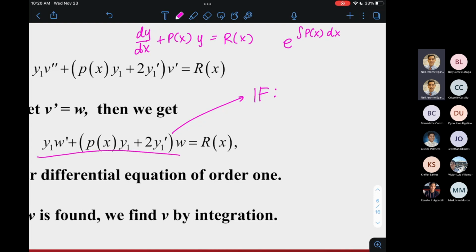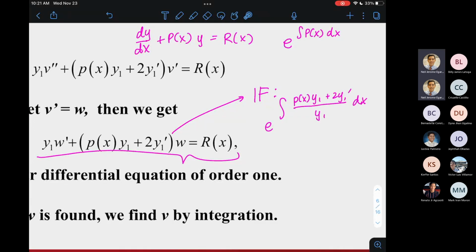Now, if this is my first order differential equation, my unknown is w, and it's first order. So that means my integrating factor here is e to the integral of p of x, which is y1 plus 2y1 prime over y1, dx, right?